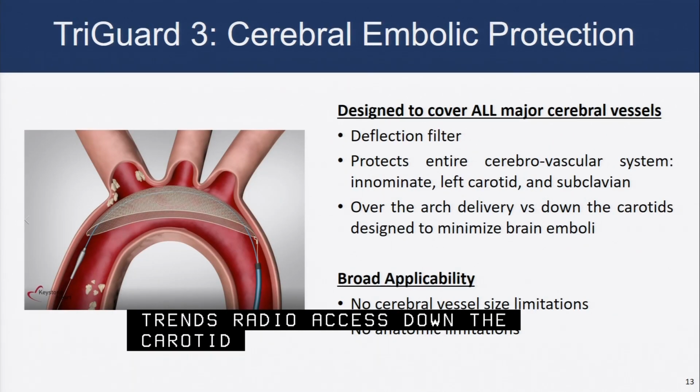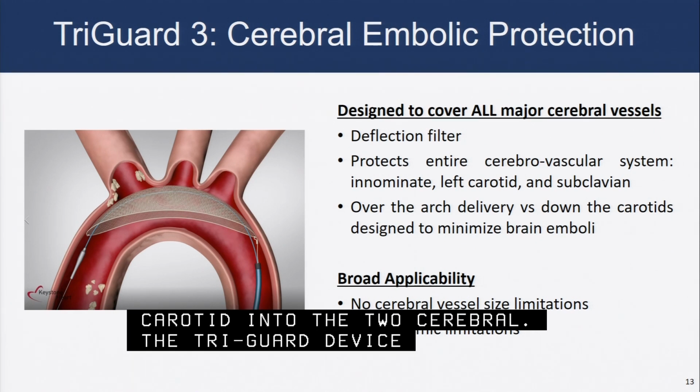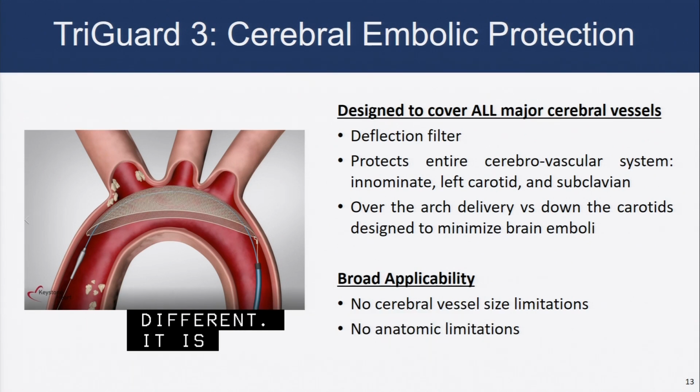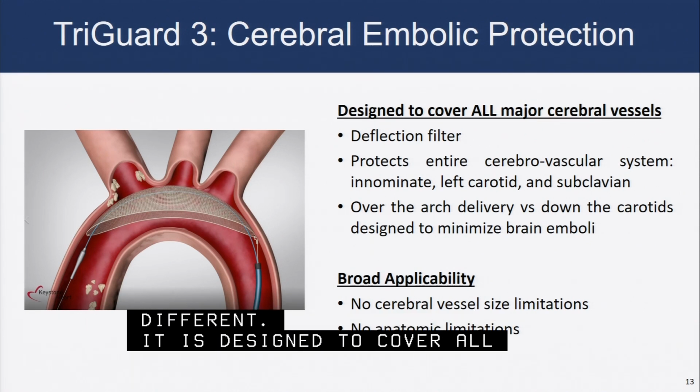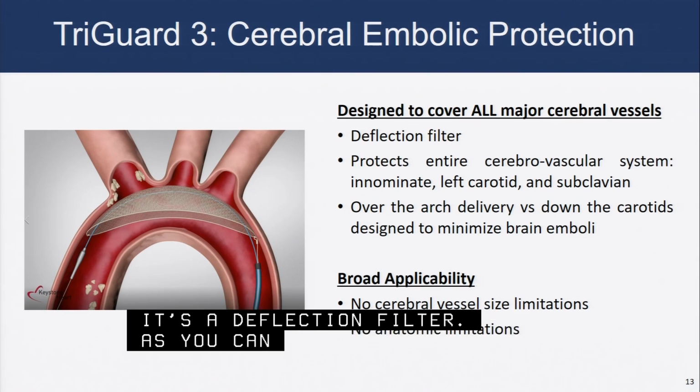The TriGuard device that I'm talking about here today is different in its design. It's designed to cover all 3 major cerebral vessels. It's a deflection filter. As you can see in the picture here, it protects the entire cerebral vascular system, including the innominate, the left carotid, and subclavian.